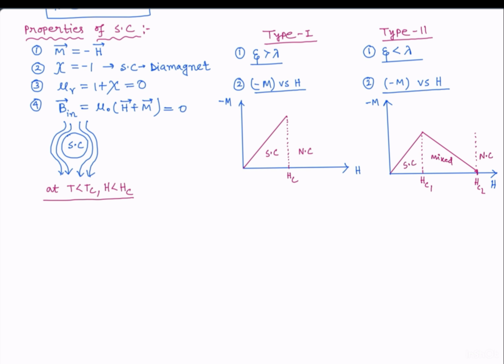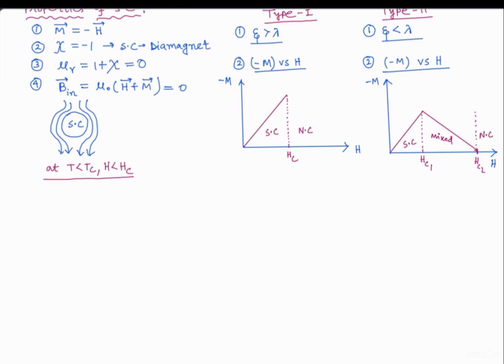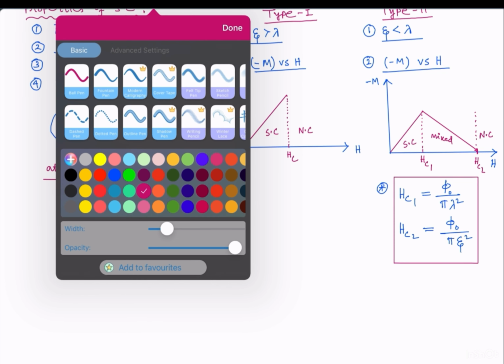and also two important formulas for the type 2 superconductor, which are Hc1 equals phi 0 by pi lambda square, and Hc2 equals phi 0 by pi xi square. So remember it.